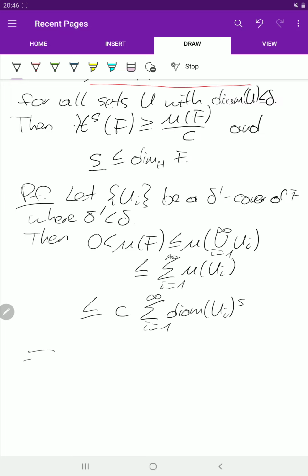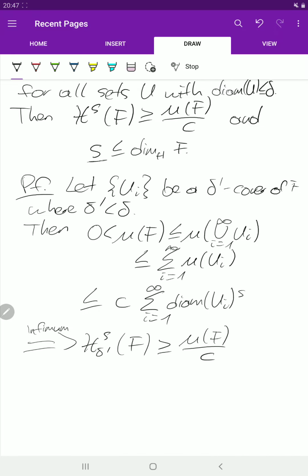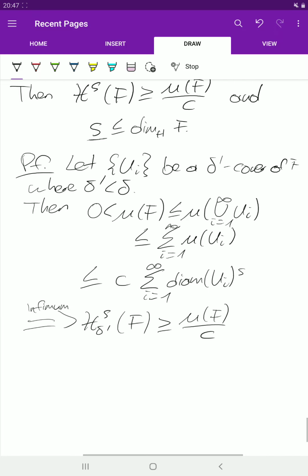Taking the infimum, we get that H^s_delta prime of F is bigger than mu of F divided by c, because this holds for all such delta prime covers. So it also holds if we take the infimum and then take the limit.